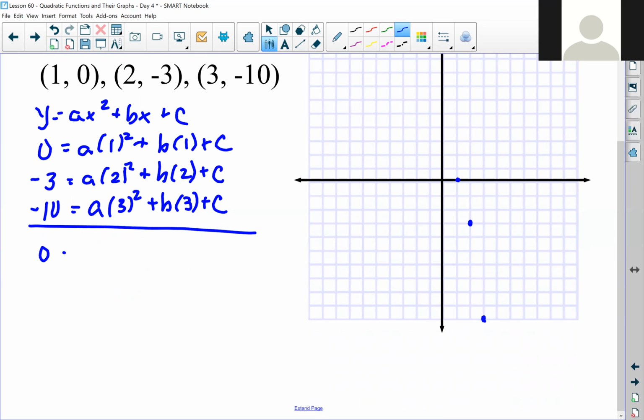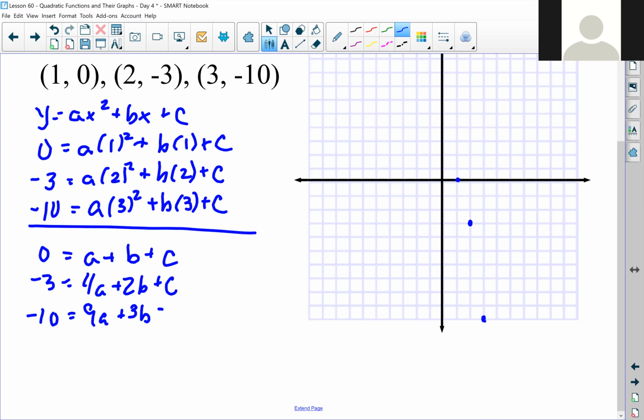So 0 equals a plus b plus c. Negative 3 equals 4a plus 2b plus c. And negative 10 equals 9a plus 3b plus c.